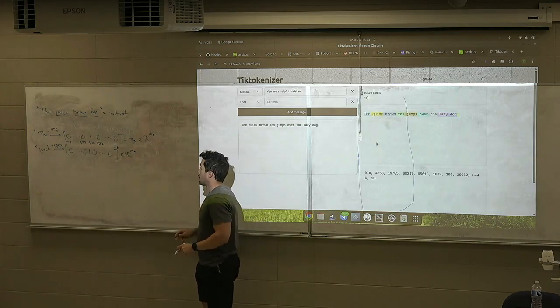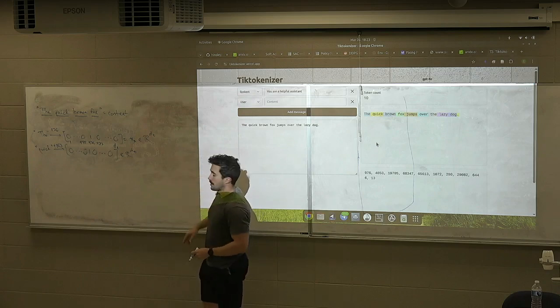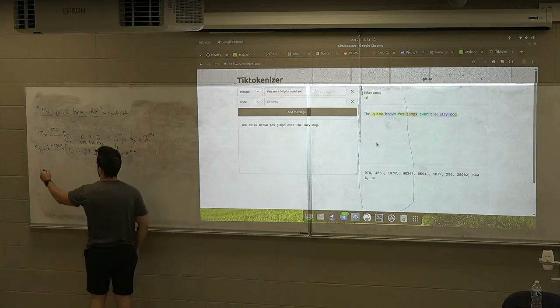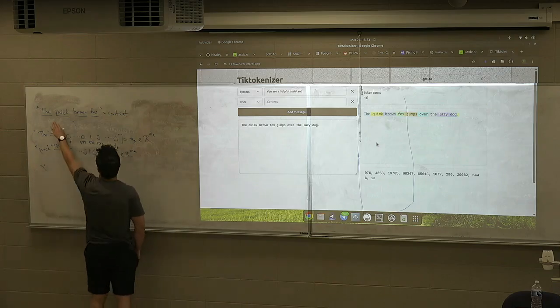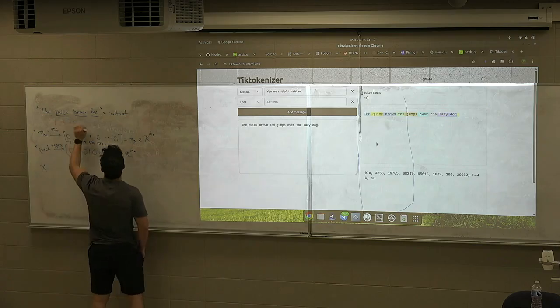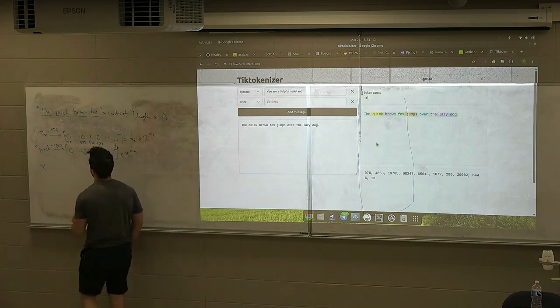So the way you take this whole sequence and make it into something the computer can process is you come up with this matrix X. This is a context length of 4 tokens, so S equals 4. S is going to be the size of it.